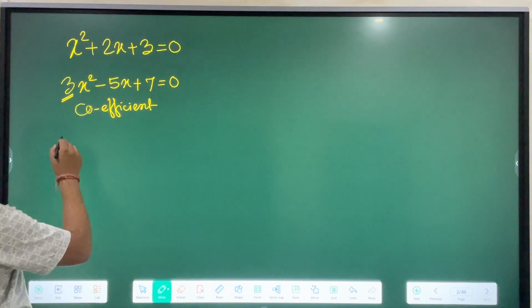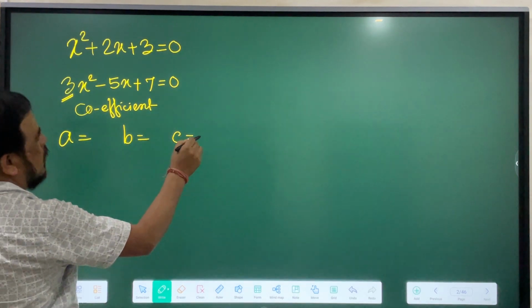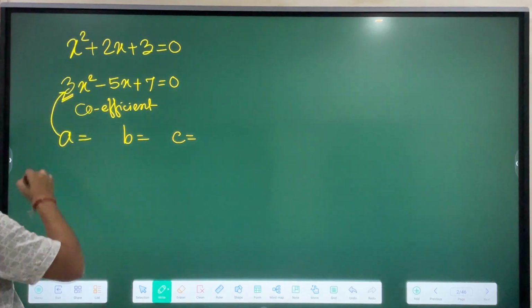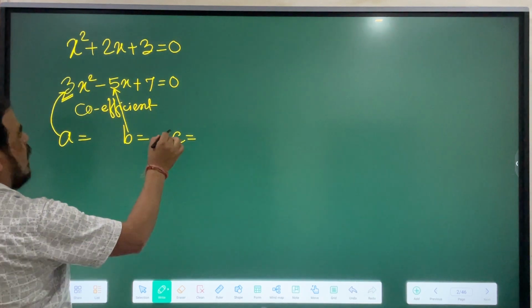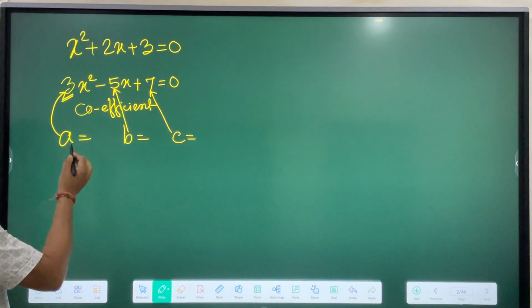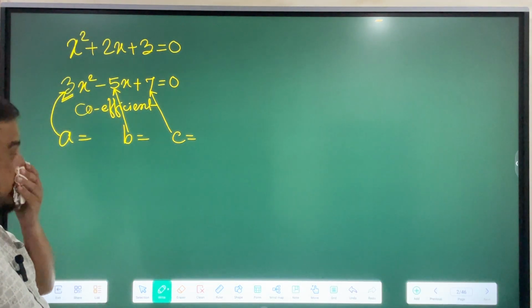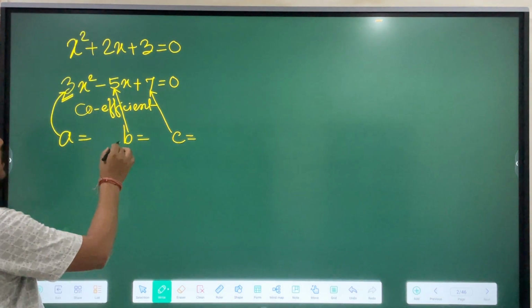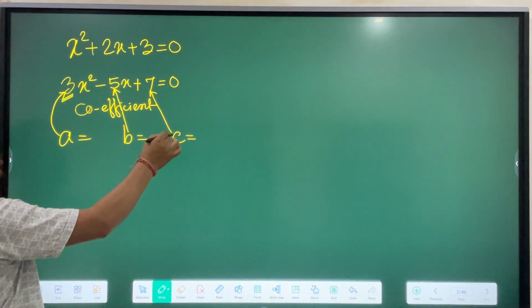For that we use 3 letters, A, B, C. A is always the coefficient of x square, B is the coefficient of x, and C is the constant. With x square, whatever number is there, that is A. With single x, whatever number is there, that is B. If there is no x, that is called the constant.